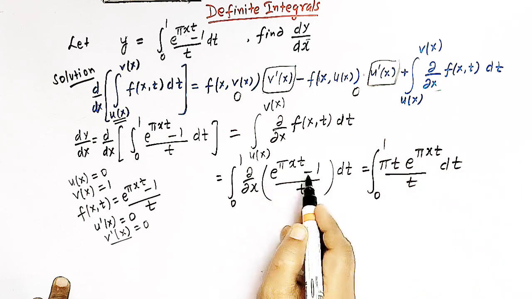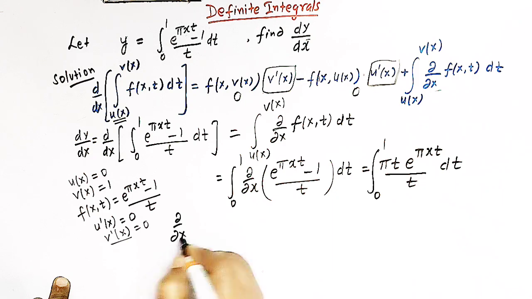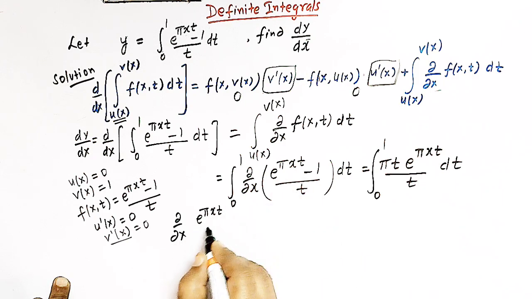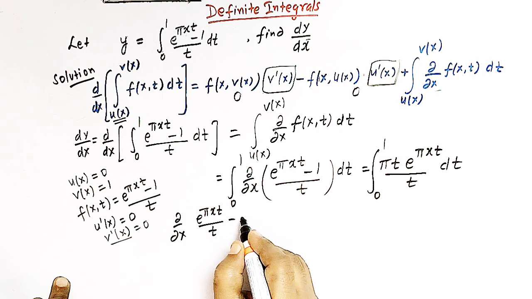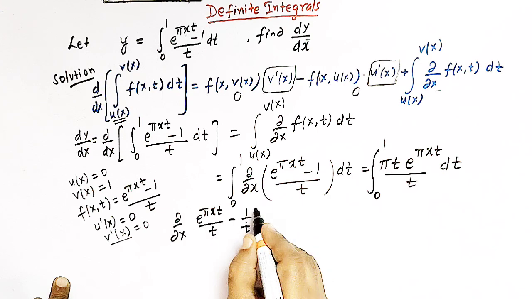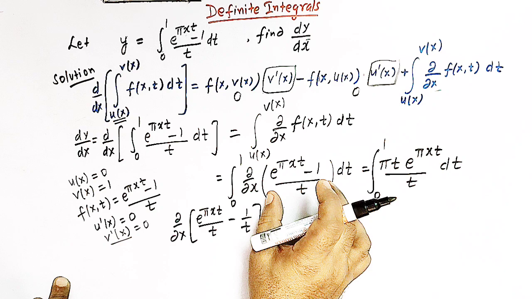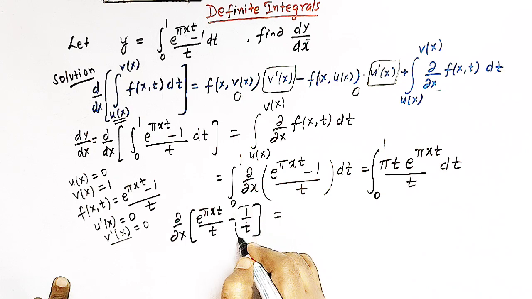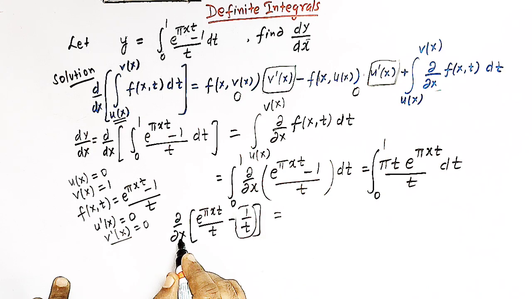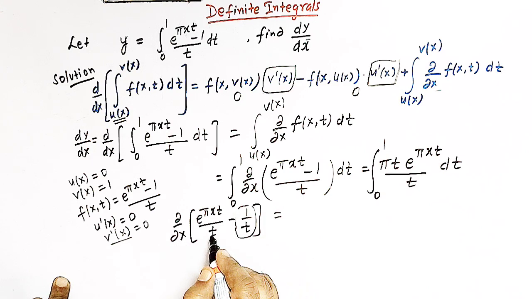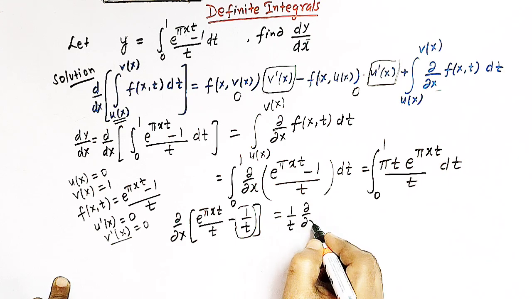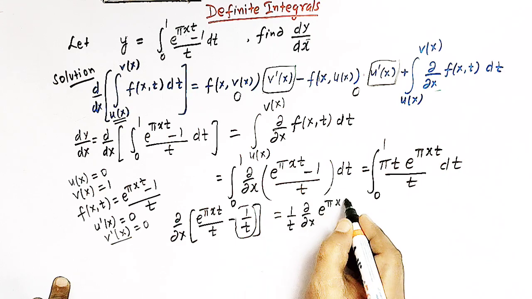Now see the derivative, that is del by del x of this function e raised to pi xt over t minus 1 over t. So we can write this expression like this. Now we have to find out the partial derivative. So the partial derivative of 1 over t with respect to x is 0. So we are left with only this one. So we can now write 1 over t del by del x of e raised to pi xt.